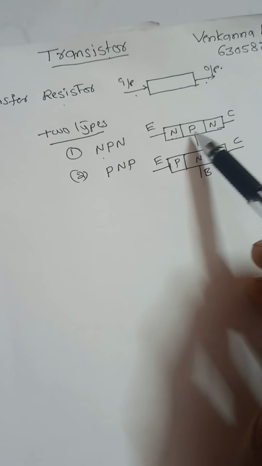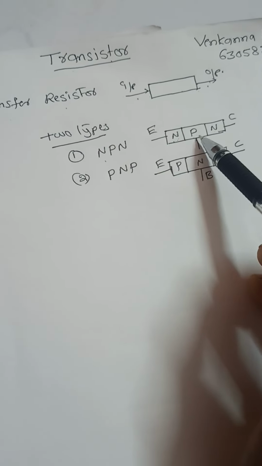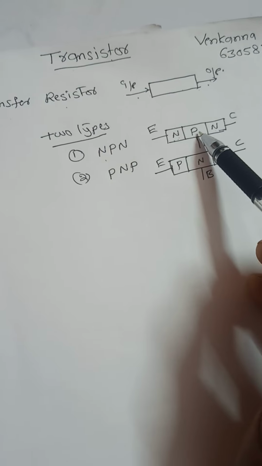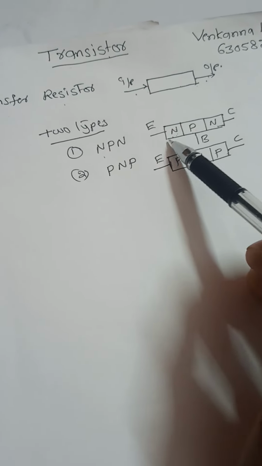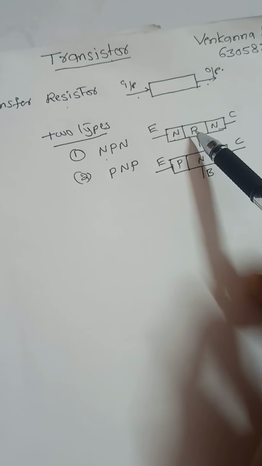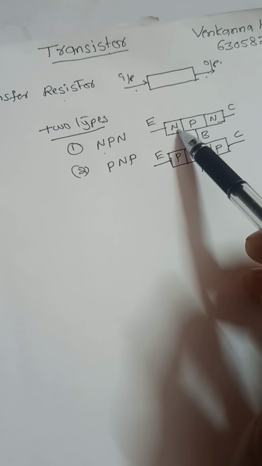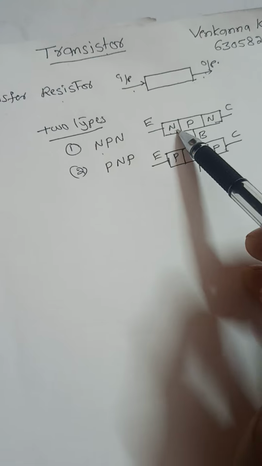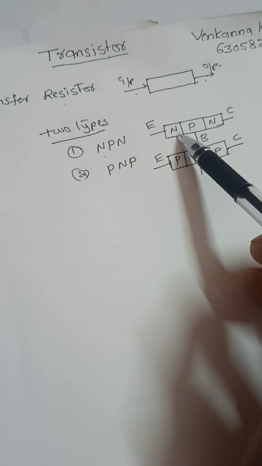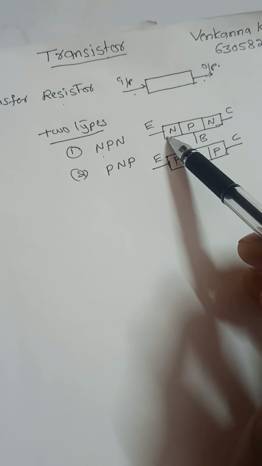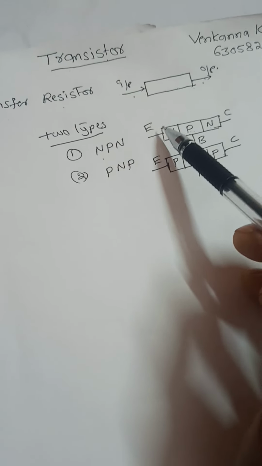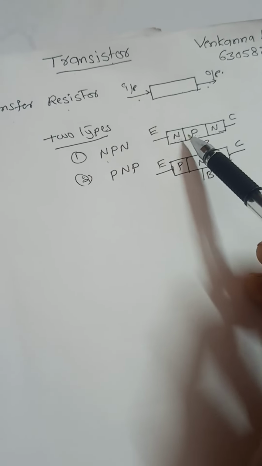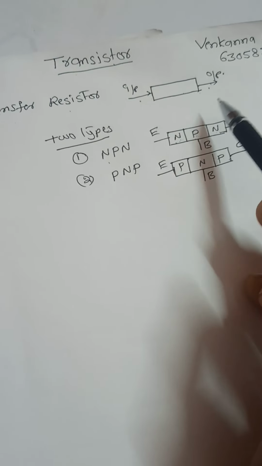In between N type semiconductors, a P type semiconductor is placed. Then this is known as an NPN transistor. So here two diodes, an NP diode and a PN diode, are connected opposite to each other. That is nothing but an NPN transistor.